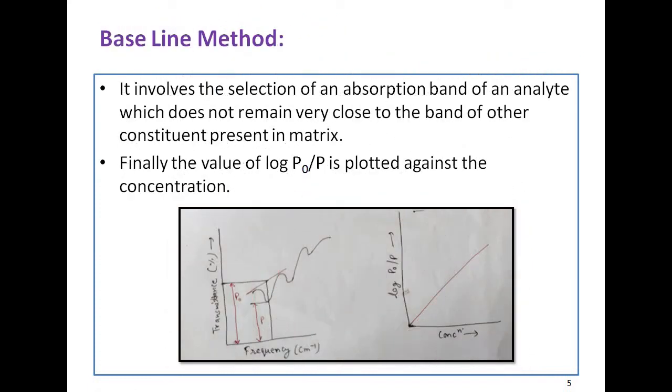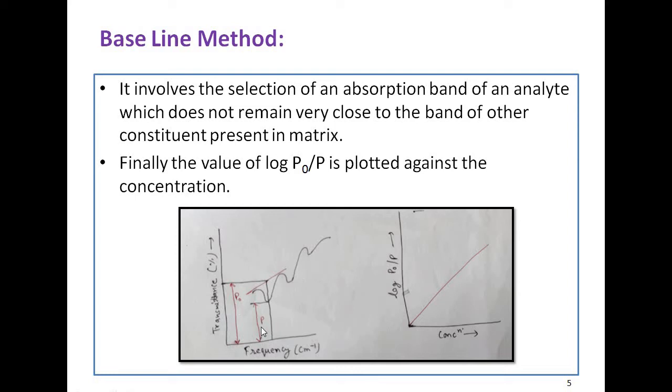The next important method is the baseline method, and it involves the selection of an absorption band of an analyte which does not remain very close to the band of the other constituents present in the matrix. The value of the incident radiant energy P naught may be achieved by drawing a straight line tangent.